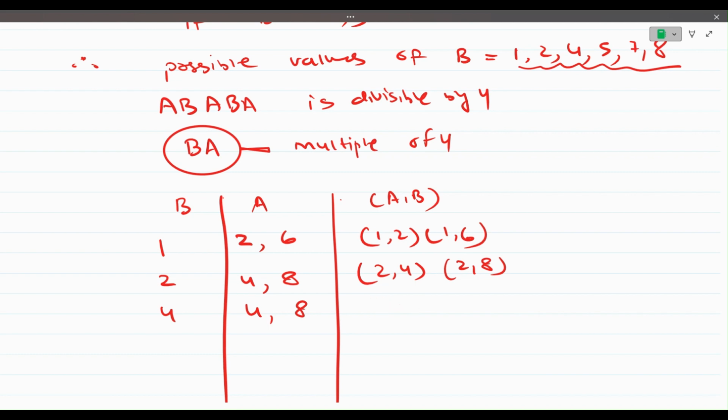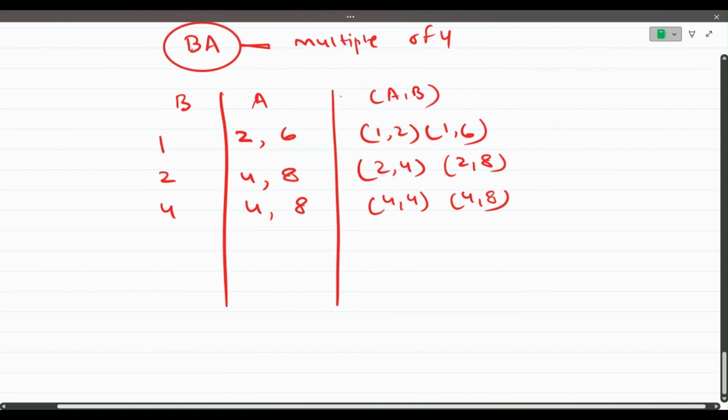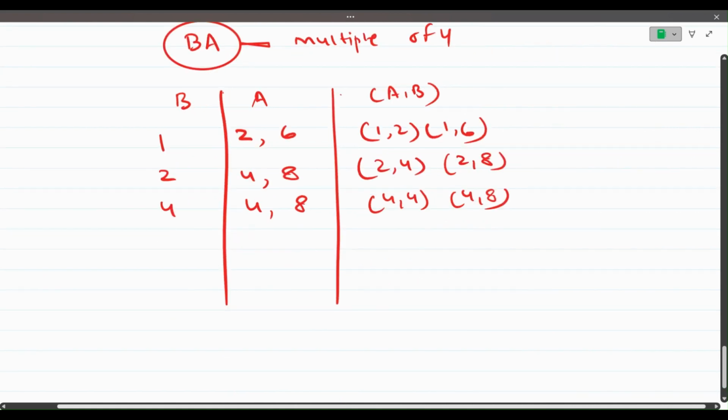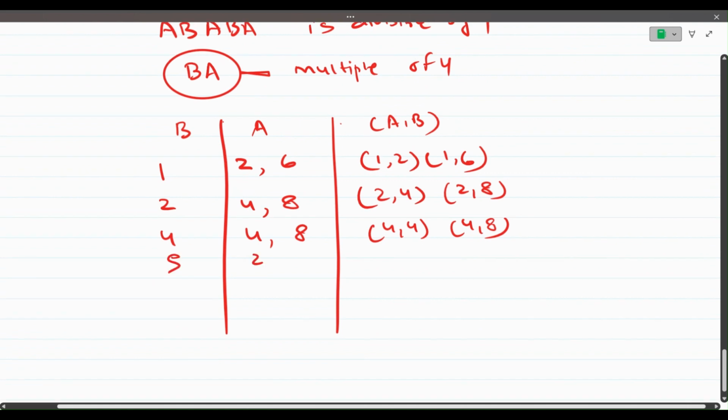So it can be 4, 4 or 4, 8. If b is 5, a can be 2 or 6. So it's 5, 2 or 5, 6. If b is 7, then a can be 2 because 72 is divisible by 4, and 6. So 7, 2 or 7, 6.